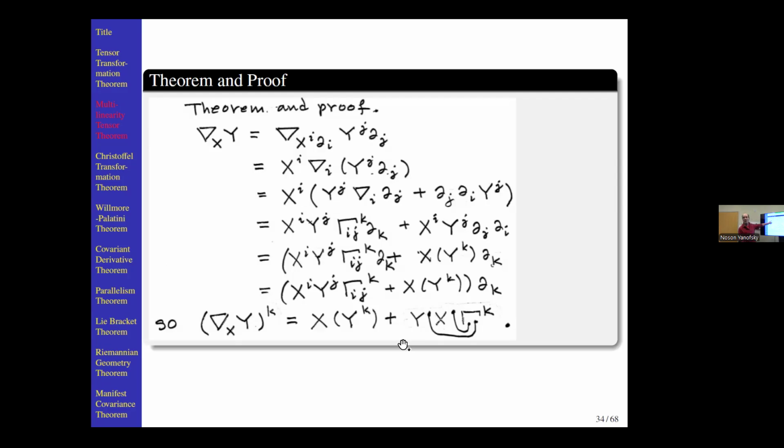That is to say, the covariant derivative of y with respect to x, the kth component of it. I put the k here. The kth component is obtained by this little picture here, which to me, if I take the y with its string and shove it over to the right, the Christoffel symbol is like a binary operator. And I thought that was interesting. So intuitively, what's a connection?